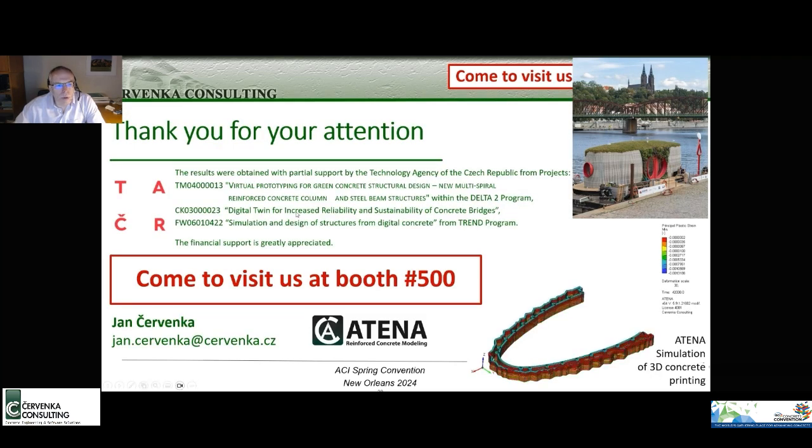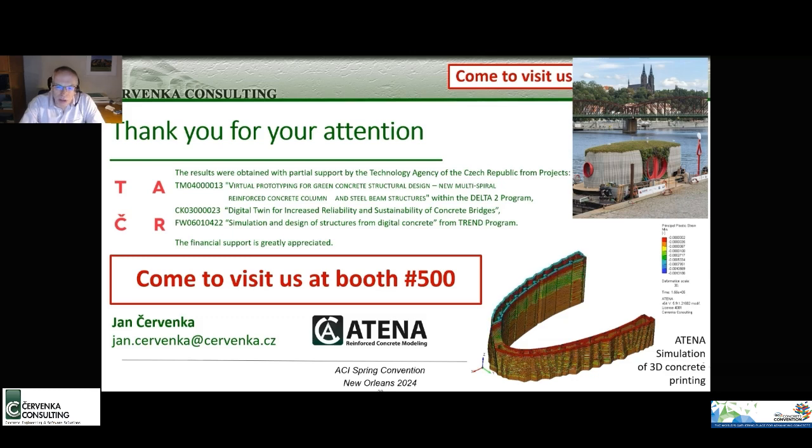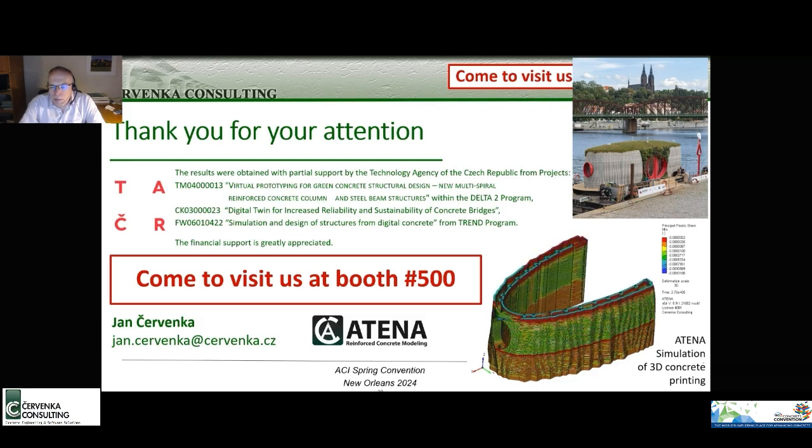And also one of the recent applications, as I mentioned before, is the modeling of 3D printing of concrete. So we can actually model the construction of 3D printed buildings, and the main reason for such a simulation is to check whether we have a collapse of the structure during printing, which very often happens.